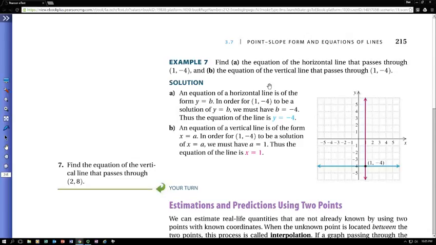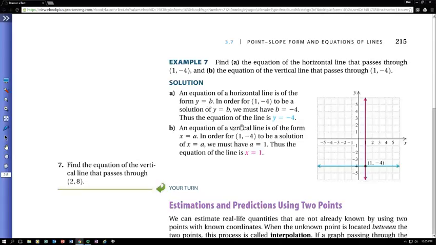It says find an equation for the horizontal line that passes through 1, -4. Find the equation. Horizontal line right here, this is the blue line. If I graph this, this is what it looks like. Now, an equation of a horizontal line is y equals b.